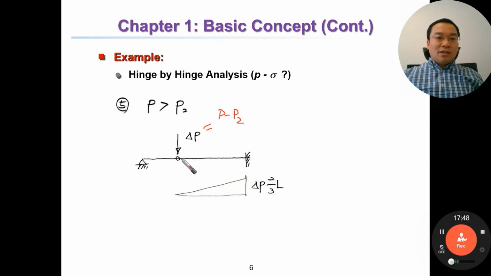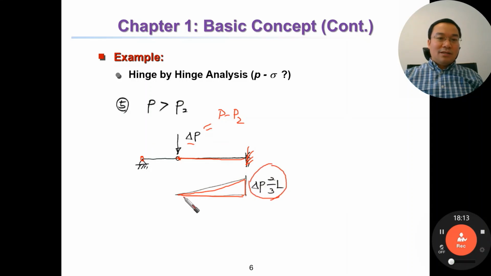Then the structure now is a cantilever beam, because of the first hinge and second hinge. The moment diagram of the cantilever beam due to ΔP is ΔP times 2/3 of L. Very simple. You already know this one, right?